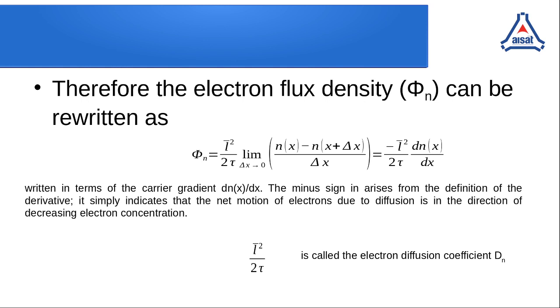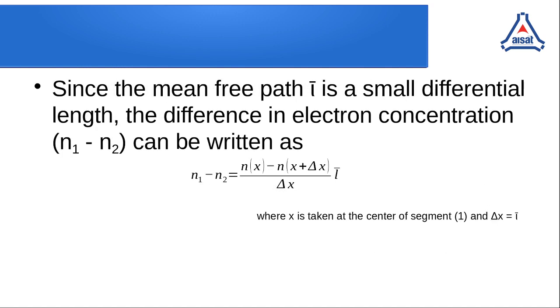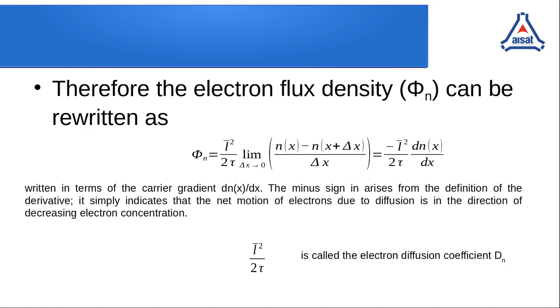What we have done is, in place of n1 minus n2, we have substituted the term n of x minus n of x plus delta x by delta x into L bar. N1 minus N2 was written in a different format and that is substituted in our electron flux density equation.